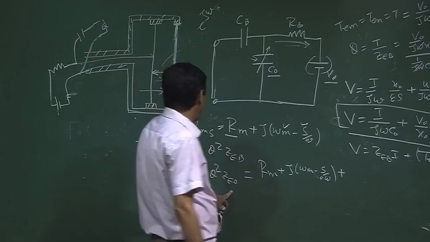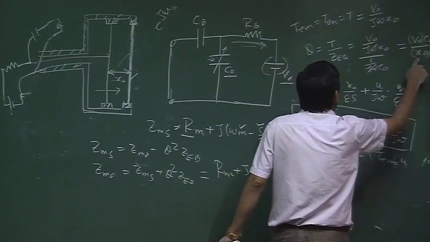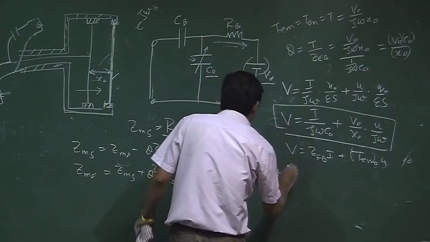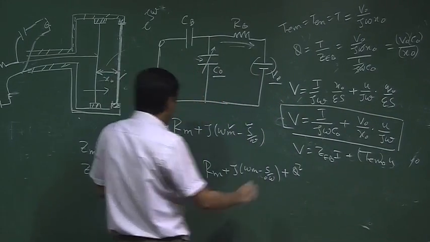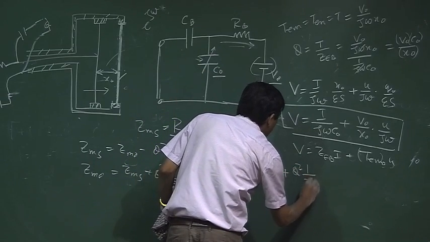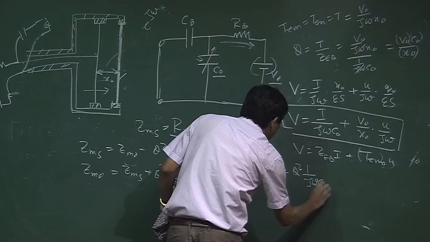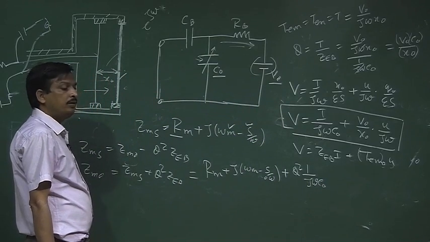What is phi square? Phi square is V0 C0 square by X0 square. And ZdB is 1 by j omega C0.